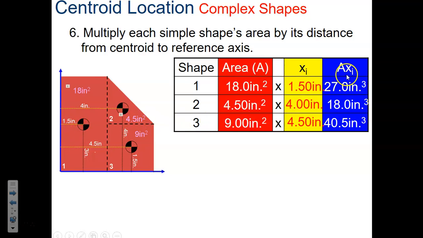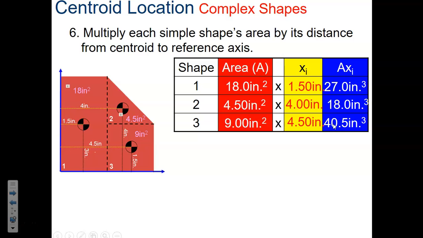To get A x i, you multiply these two together and you get the A x i. So they're together just like in algebra. When two things are together, it means multiply them. So for shape 2, we multiply its area times its x, and you get 18. And for shape 3, we get 40.5.